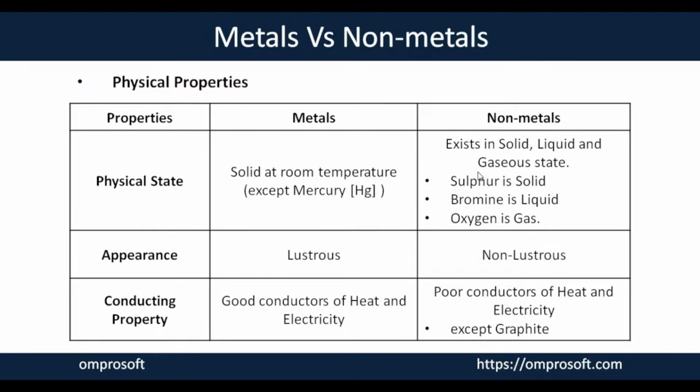Some non-metals like sulfur and selenium are present in solid state. Bromine is present in liquid state, and oxygen, nitrogen, hydrogen are present in gaseous state. So we can say metals are generally solid and non-metals, some are present in solid state, some in liquid and some in gaseous state.